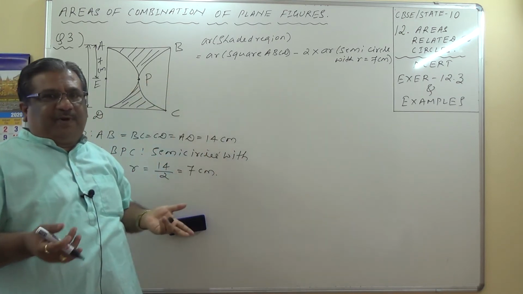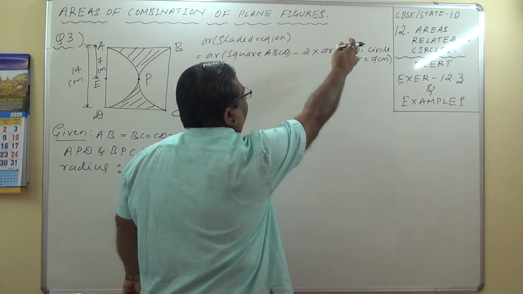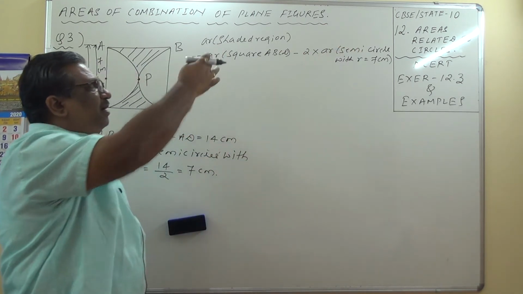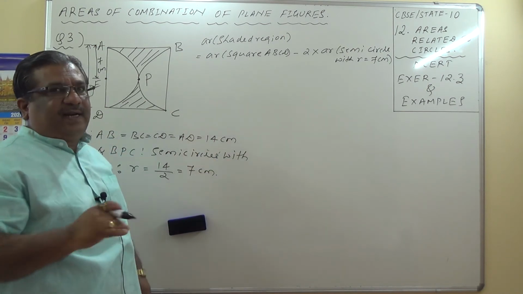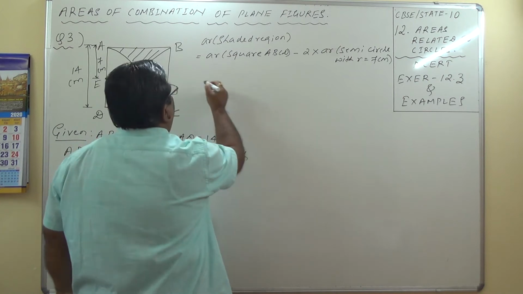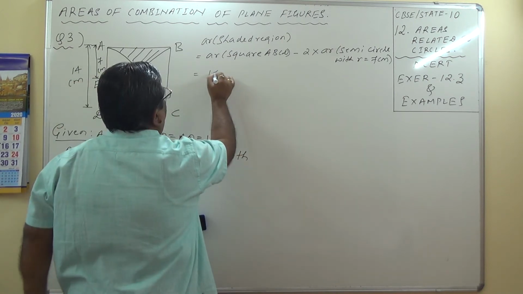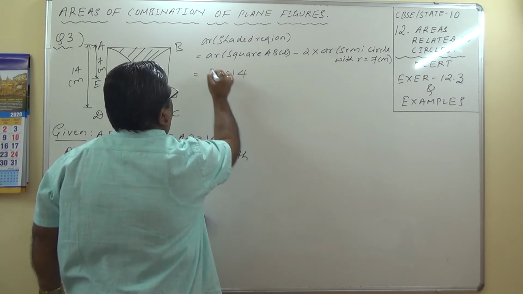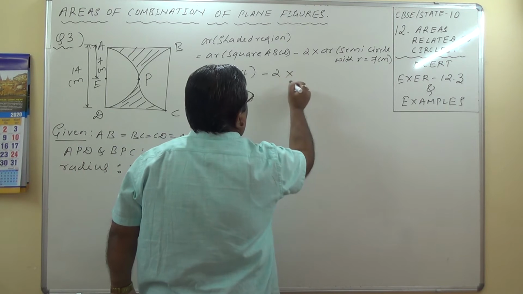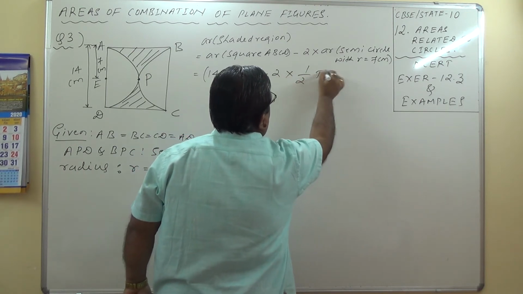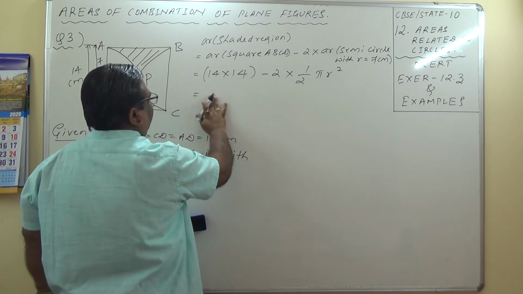That way also it is possible, because 2 into half of the area of the circle, the 2 and 2 cancel, and finally you are left with the area of the circle itself. So let us see now. What is the area of the square? 14 into 14 minus 2 times half pi r square, which is equal to 14 into 14. How much is it?